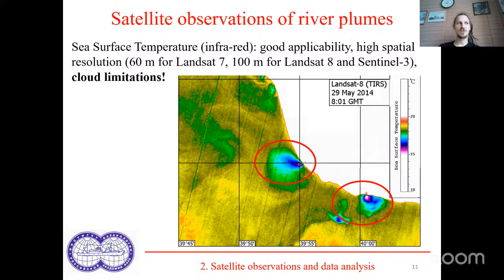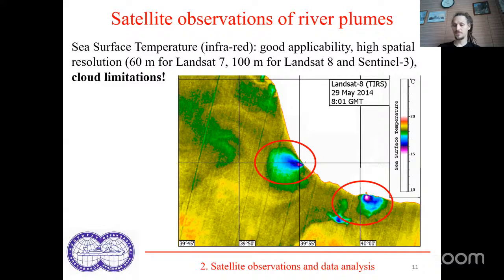But satellite surface temperature should be used with caution, because very often the temperature of rivers is different from the temperature of the sea. For example, here we see the Russian Black Sea coast, and we can see two cold plumes, because the Black Sea is quite warm, but the plumes are formed by rivers which are fed by mountain snow, and that's why the rivers are cold.